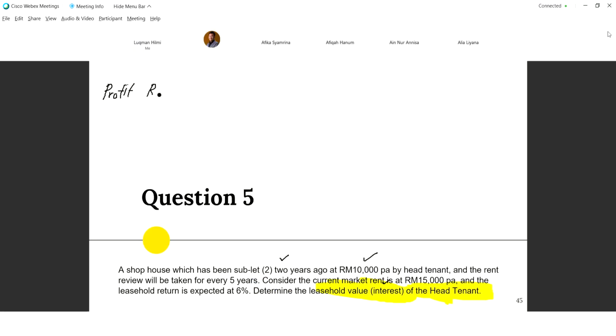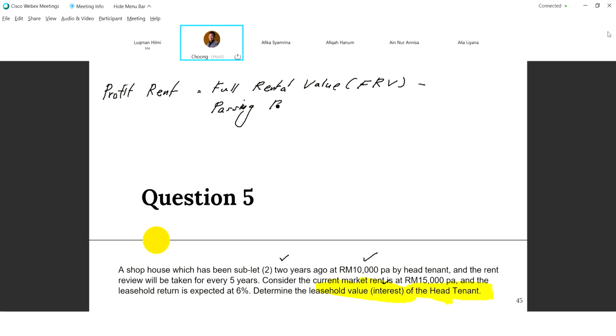Profit rent is equal to your full rental value minus your passing rental. Right? So that's the case.